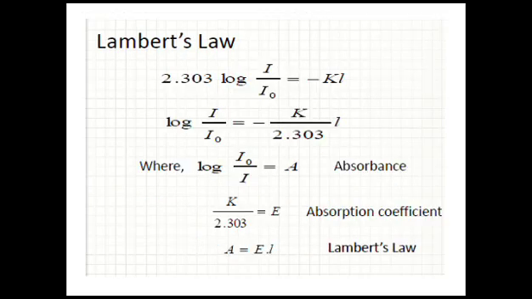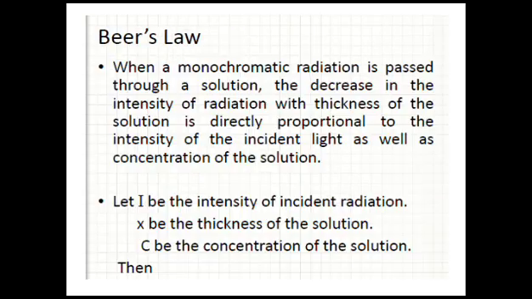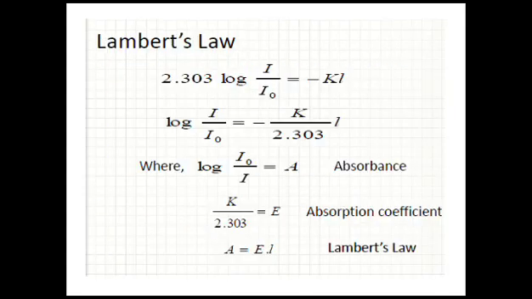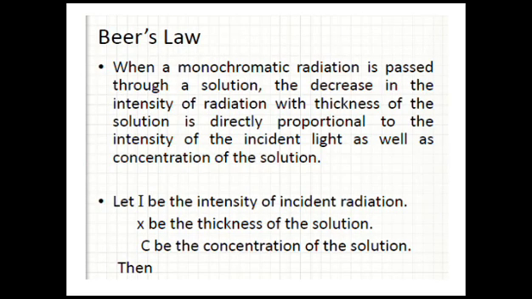Now we convert this into log terms, and finally we get log of I0 upon I, which is equal to absorbance, equals k upon 2.303 times l. K upon 2.303 is the absorption coefficient, and therefore absorbance is equal to the absorption coefficient times l, that is the path length.